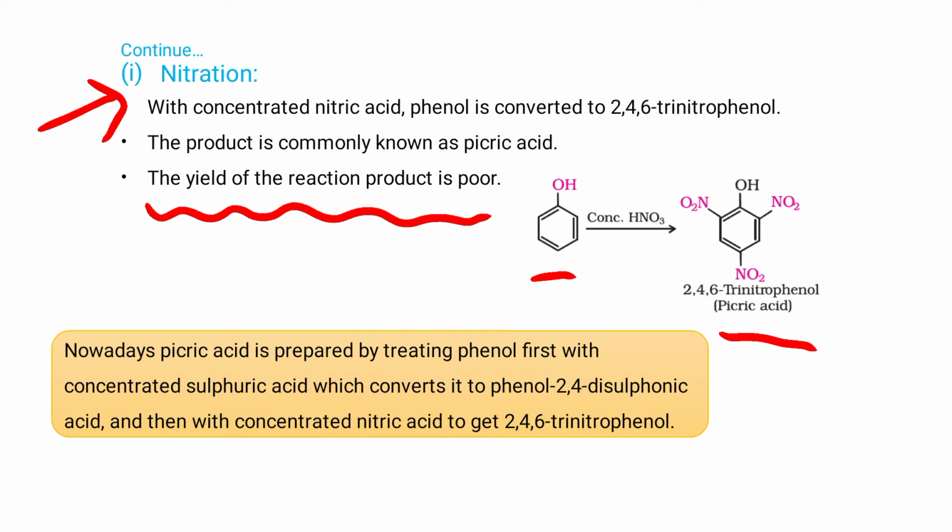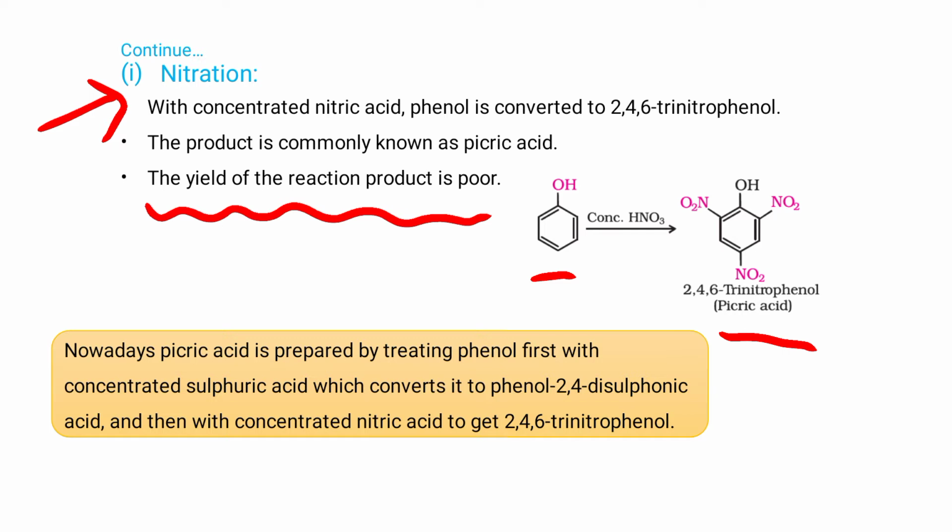Nowadays, picric acid is prepared by treating phenol first with concentrated sulfuric acid, which converts it to phenol-2,4-disulfonic acid, and then with concentrated nitric acid to get 2,4,6-trinitrophenol. But we will study only this reaction because this is given in our textbook. It is an important reaction because of the important name, picric acid.